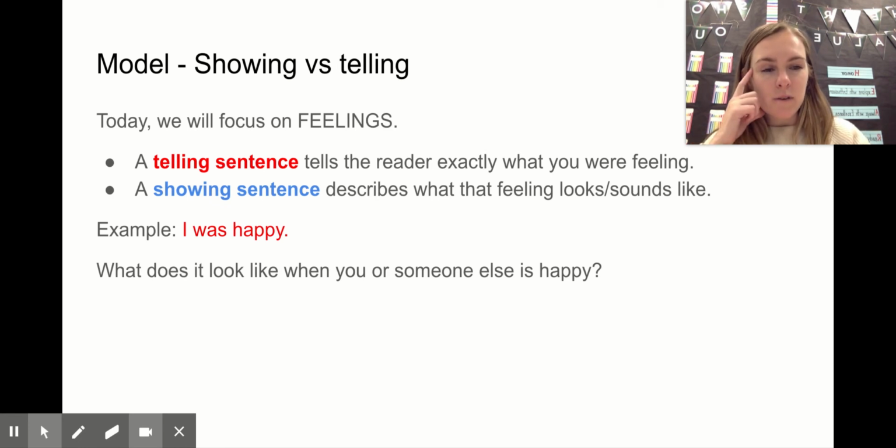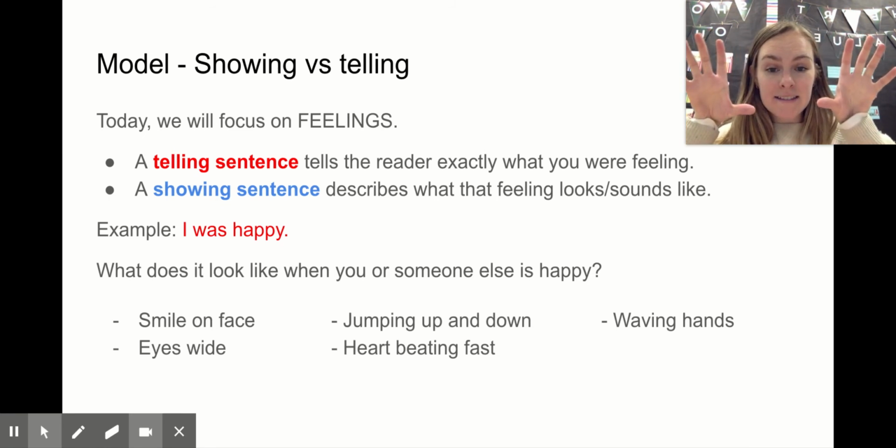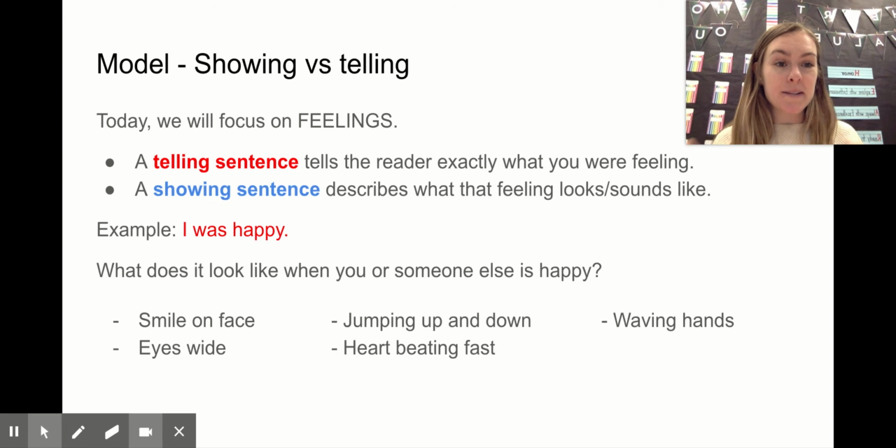I want you to think for a moment. What does it look like when you or someone else is happy? Well, I know there's a smile on your face, maybe some wide eyes, maybe you're jumping up and down, your heart is beating fast, or you're waving your hands. These are all ways to show that someone is happy.